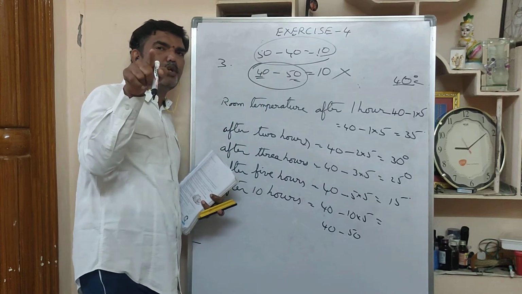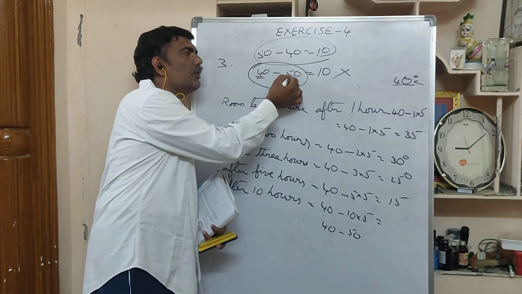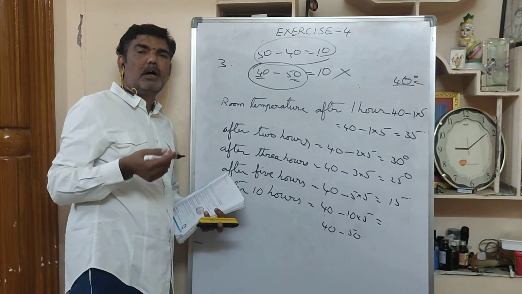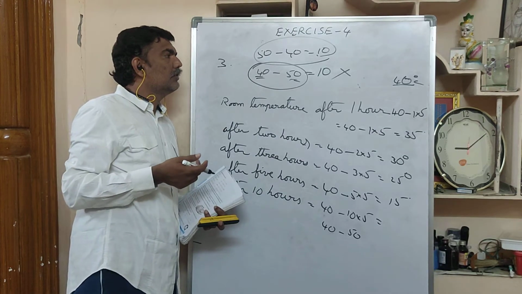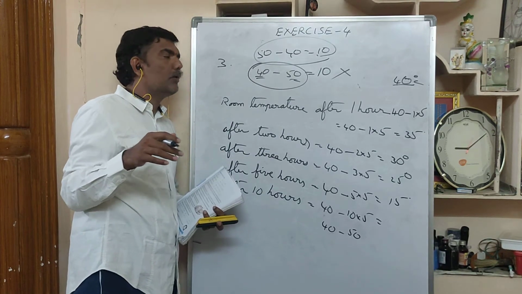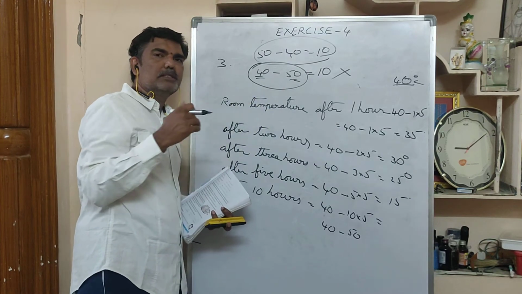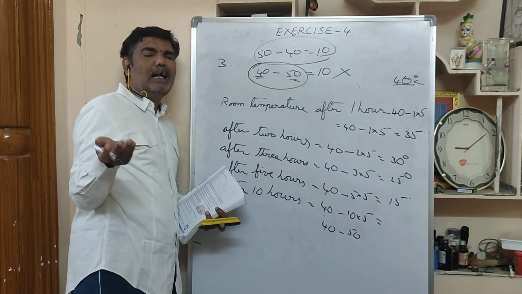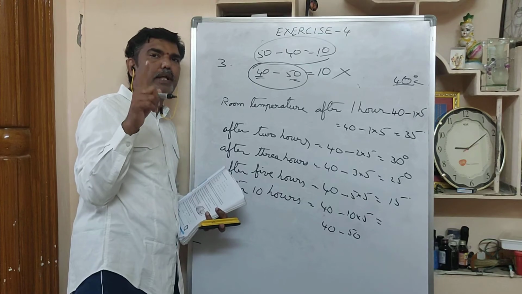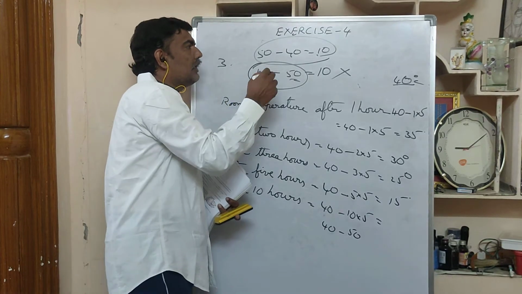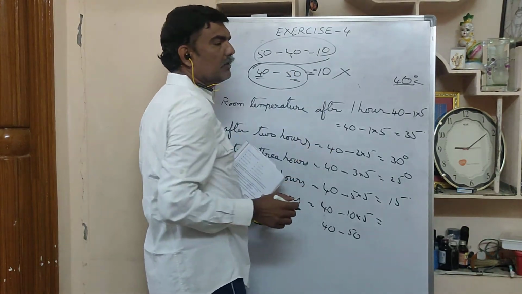40 rupees is there in your pocket and you should give 50 rupees to your class teacher or your maths teacher. What will your maths teacher do? He will take the 40 rupees which is there in your pocket and he will say that still you should give 10 rupees to me. That is minus 10.